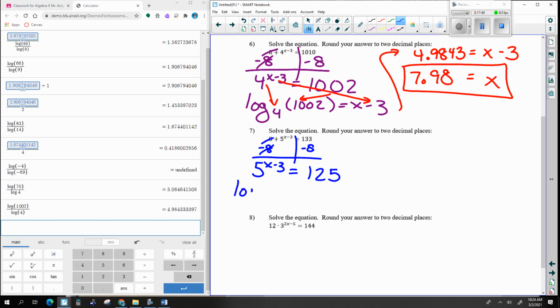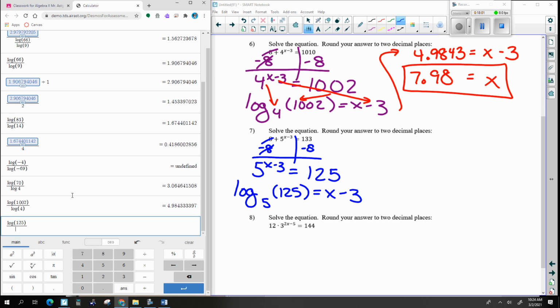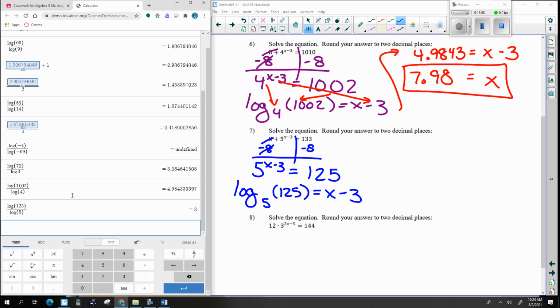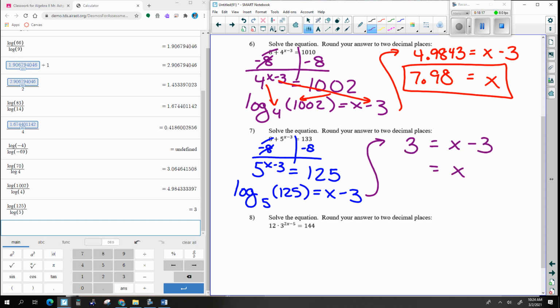Set it up. I have to add 3 to solve for this.